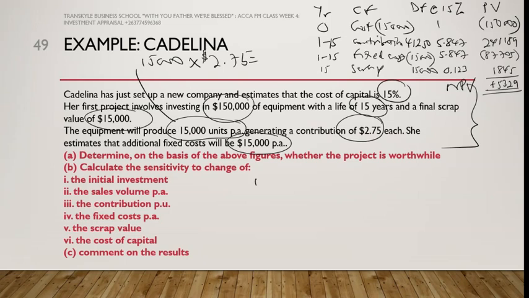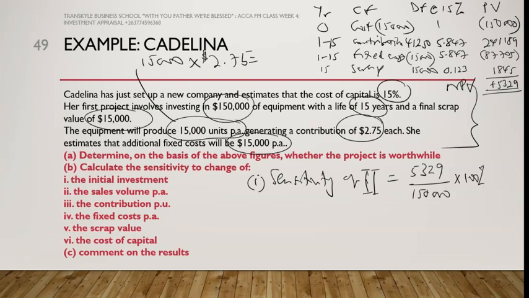So, number one, sensitivity of initial investment is equal to the NPV 5329 over the initial investment of 150,000, multiplied by 100%. So that's 3.55%.